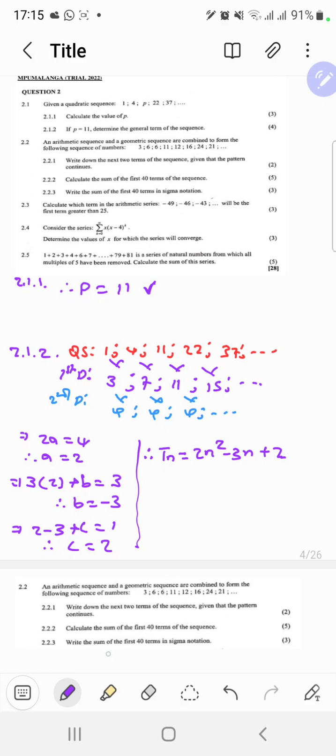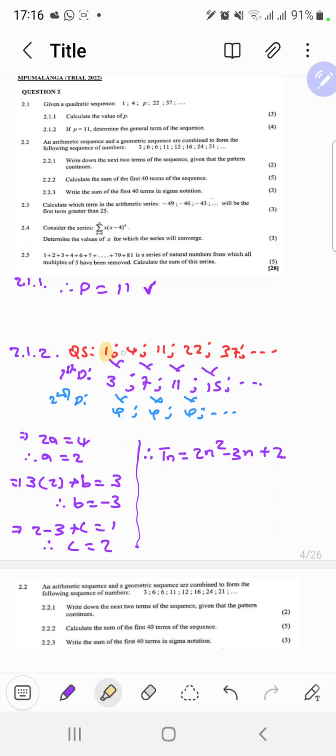You just say my T1, for example, is equal to 1. So you put a 1 in there and see if you're going to get 1. So this is 2 into 1 squared minus 3 into 1 plus 2, and then it gives me 1.